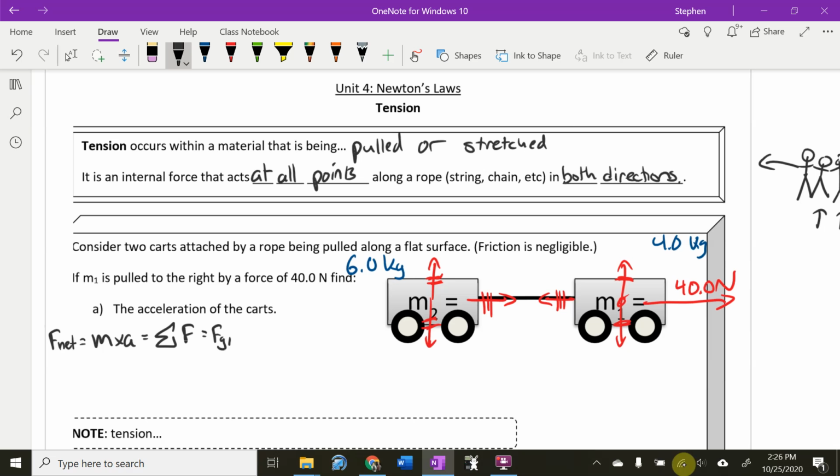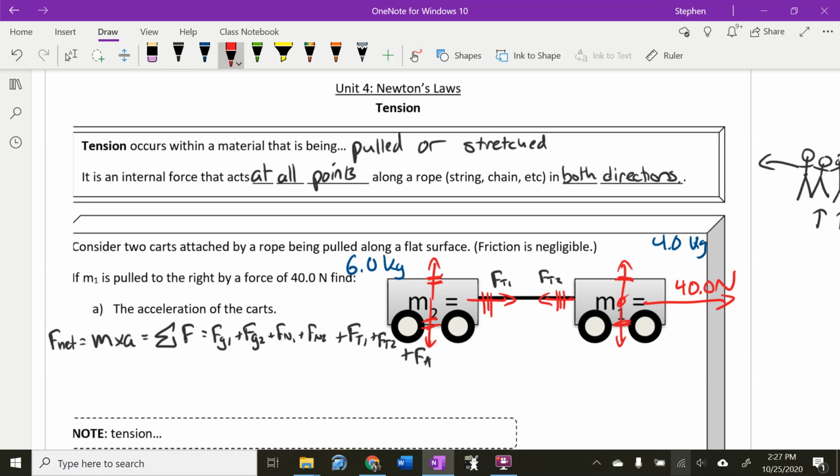We've got Fg1 plus Fg2 plus Fn1 plus Fn2 plus force of tension 1, I'm going to call this Ft1, and then I'm going to call this Ft2, plus our applied force, this 40 Newton force.